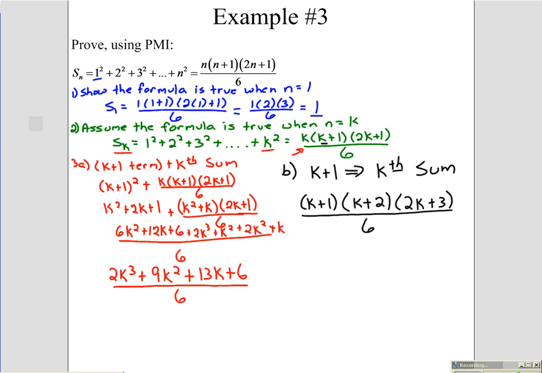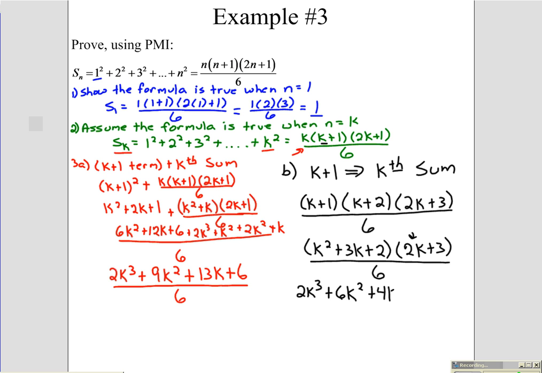Begin the algebra work here. FOIL the first 2 terms together. When we FOIL those together, we get k squared plus 3k plus 2. Continue multiplying. I now need to distribute this 2k through to everything. We get 2k cubed plus 6k squared plus 4k. Do the same thing with this 3.